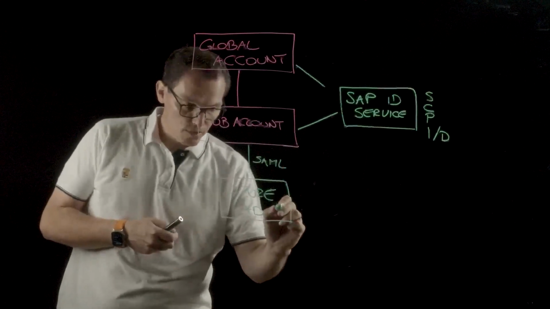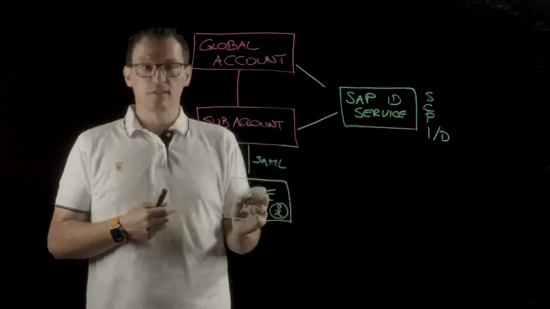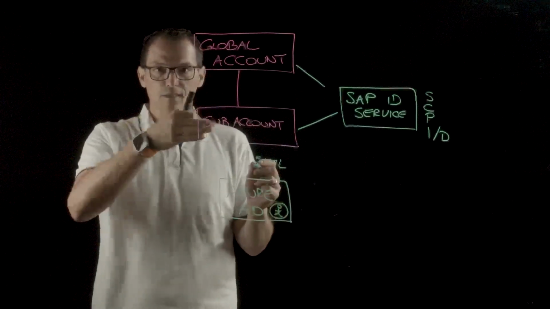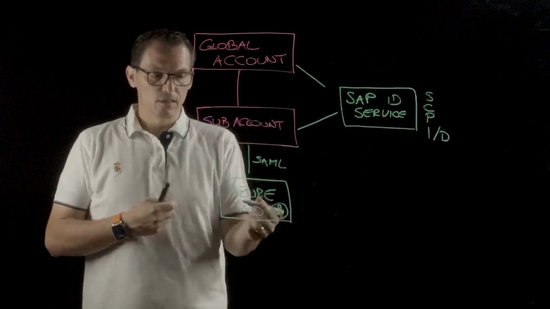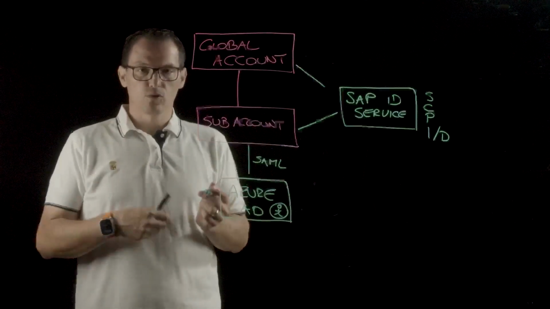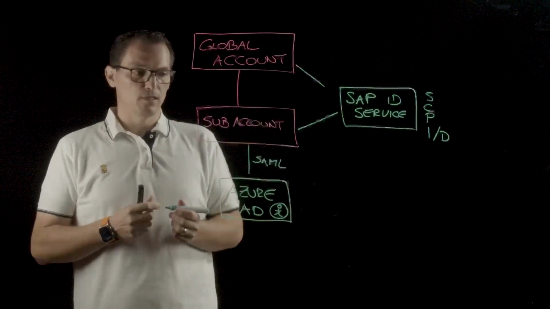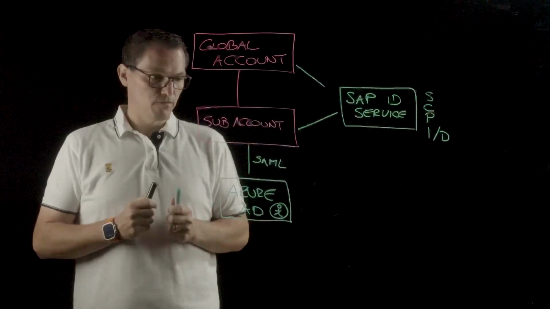This means that the user management is done in the Azure AD, and you can authenticate against it and use the information coming back to get the corresponding role collections assigned in the sub-account, or at least to do the authentication, maybe also without some authorization.